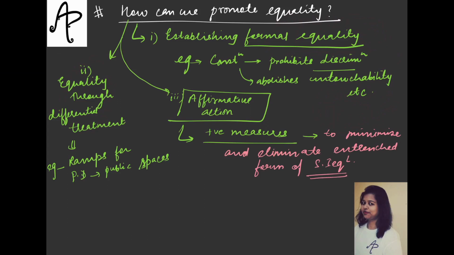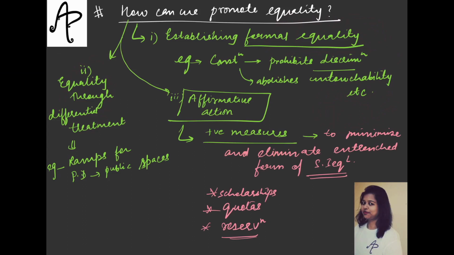And what could be an example of it? For example, you give scholarships to a certain group of people, you have quotas, you have reservation, whether job or academic. See, reservation is altogether a very different and bigger issue, and we'll try to see that when we do especially articles 15 and 16. But for now, just understand what could be the possible examples of this affirmative action.